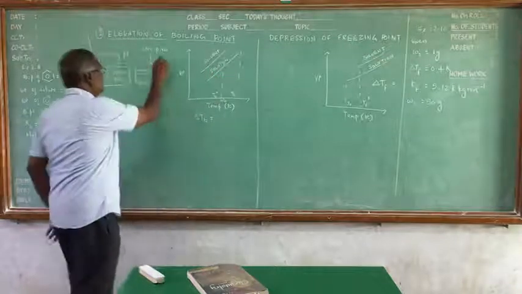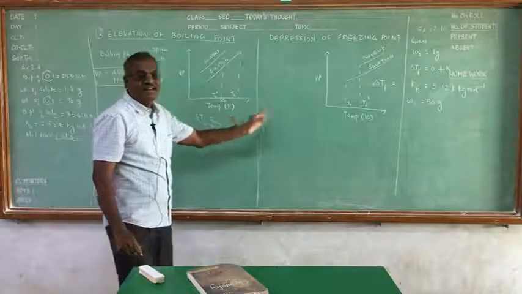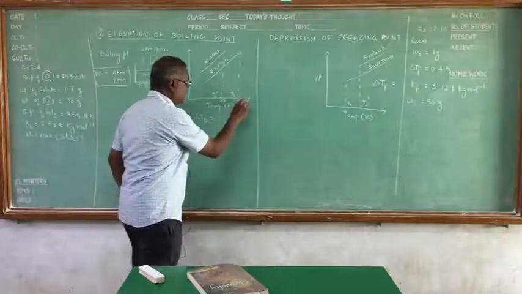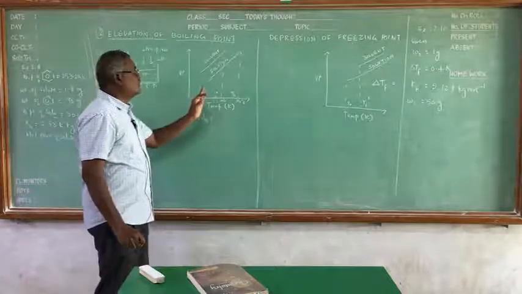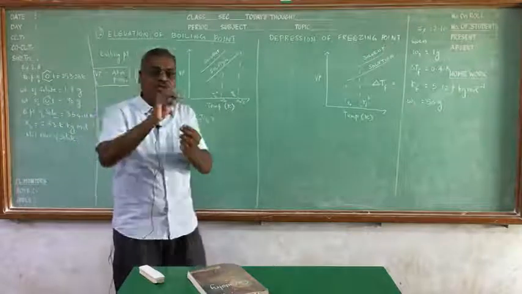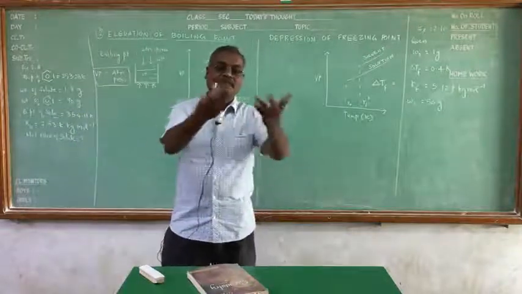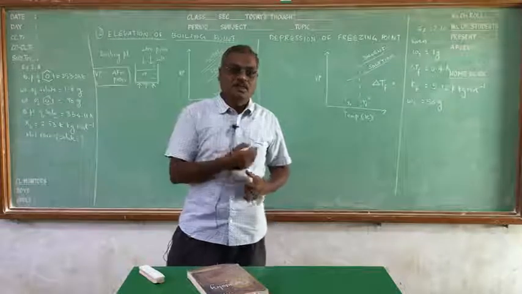Then after adding salt, I am heating, and the boiling point will increase. For example, the boiling point increases to 104 degrees Celsius. So if we add the solute, the boiling point gets elevated. That is known as the colligative property, elevation of boiling point.